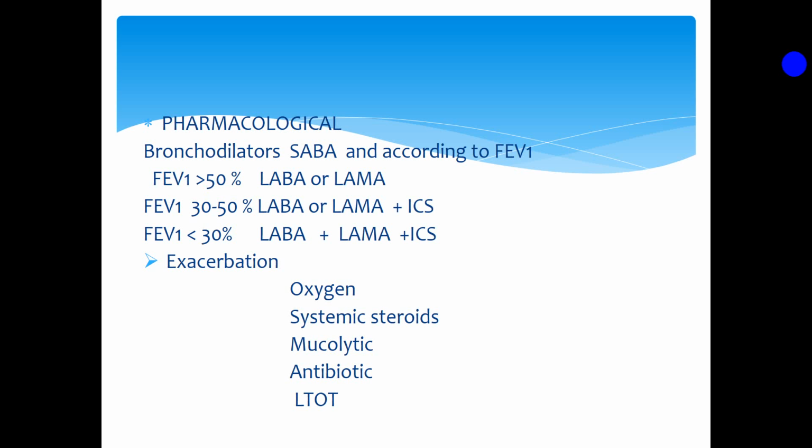If FEV1 is less than 30, you may use LABA plus LAMA plus inhaled corticosteroid. In cases of exacerbation of obstructive pulmonary disease, you may use oxygen 24%, systemic steroids, mucolytics, antibiotics, and there is an indication for long-term oxygen therapy.